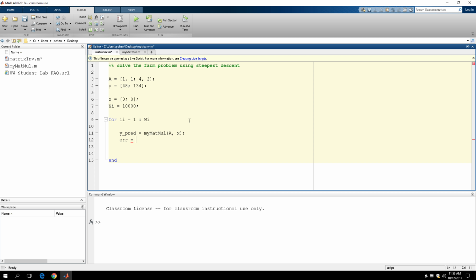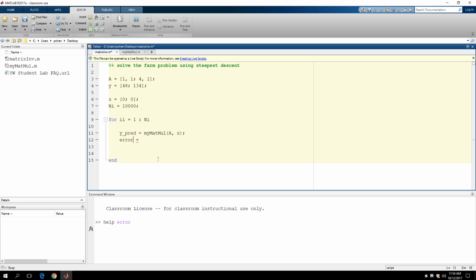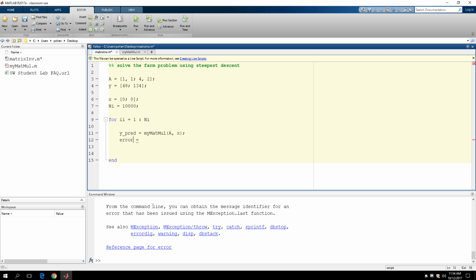Error is a MATLAB intrinsic function, so it's not a good idea to reuse MATLAB's intrinsic function as a variable name. So we use ERR to represent error, and that's going to be y_pred subtract y.